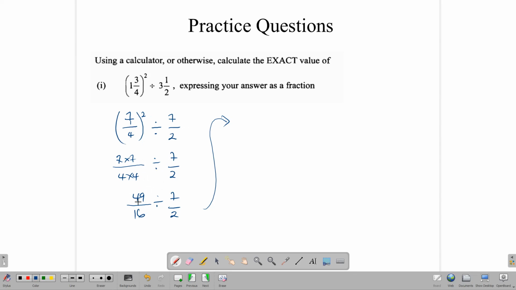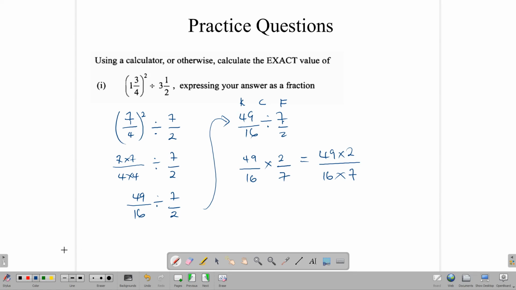And now 49/16 divided by 7 over 2. Remember, we are going to keep, change, and flip. So 49 over 16 times 2 over 7, which gives us 49 times 2 over 16 times 7.